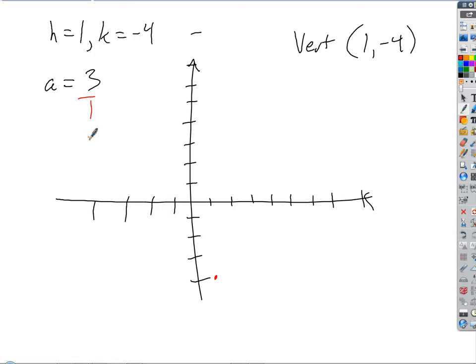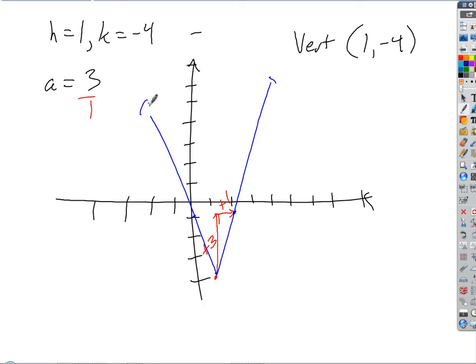So I'm going to go up 3 and over 1, and I'm just going to connect those two points. And the same thing on the other side, I'll go up 3 and back 1. That's my V. Everybody see that?